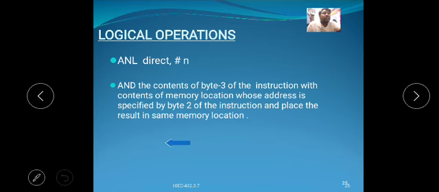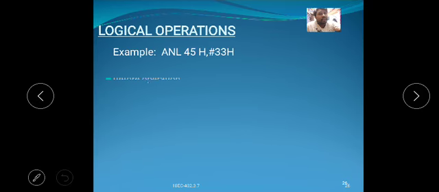ANL direct comma #N. AND the content of byte 3 of the instruction with the contents of memory location whose address is specified by byte 2 of the instruction and place the result in the same memory location. Address AND byte 3. The example: ANL 45H comma #33H.